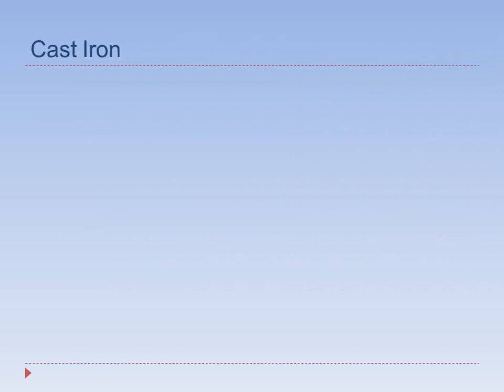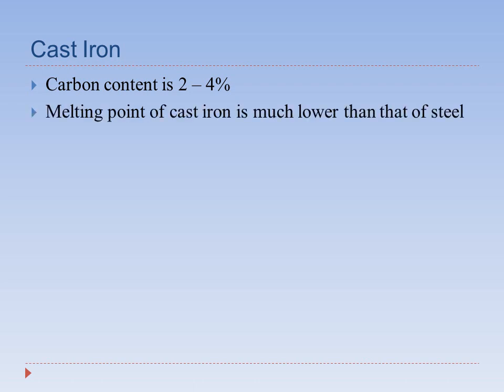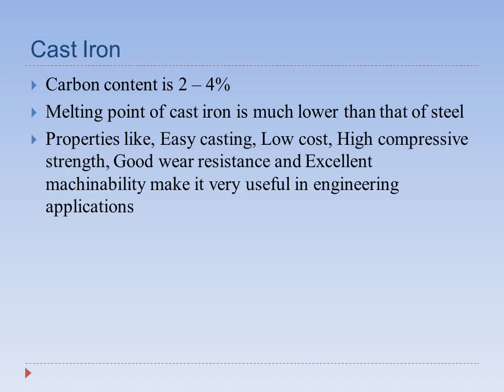The next important one is cast iron. Cast iron, as I already explained to you, contains 2 to 4% of carbon. The melting point of cast iron is much lower than that of steel. Please notice this point, that cast iron melts at a comparatively lower temperature than steels.